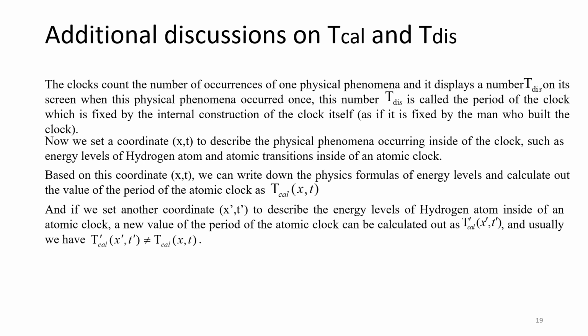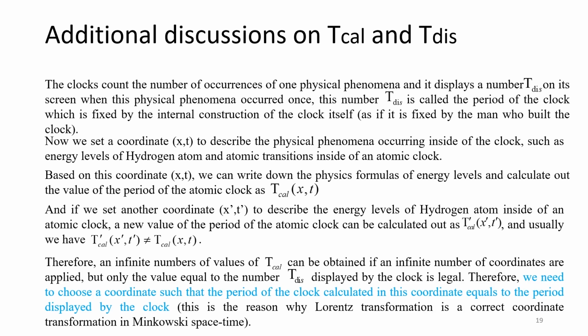And if we set another coordinate x', t' to describe the energy levels of the hydrogen atom inside the atomic clock, a new value of the period of the atomic clock can be calculated as T_K(x', t'). And usually these two values are not equal.